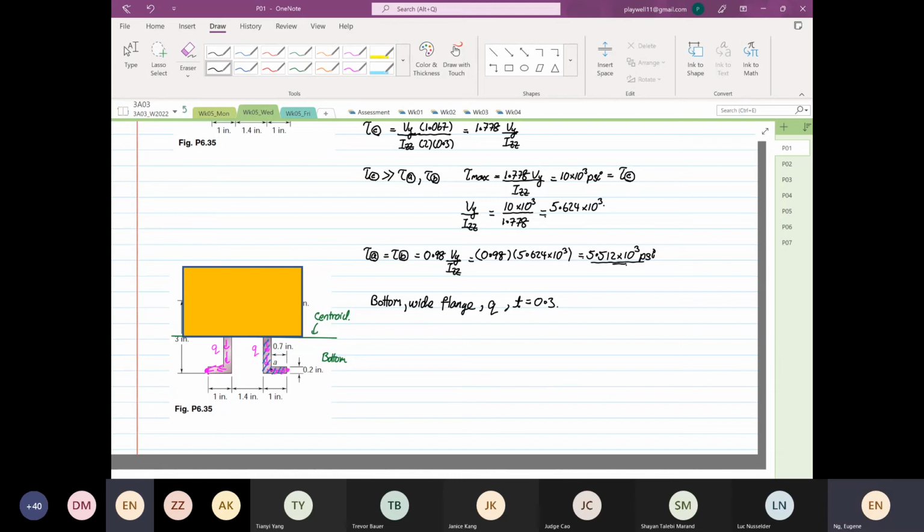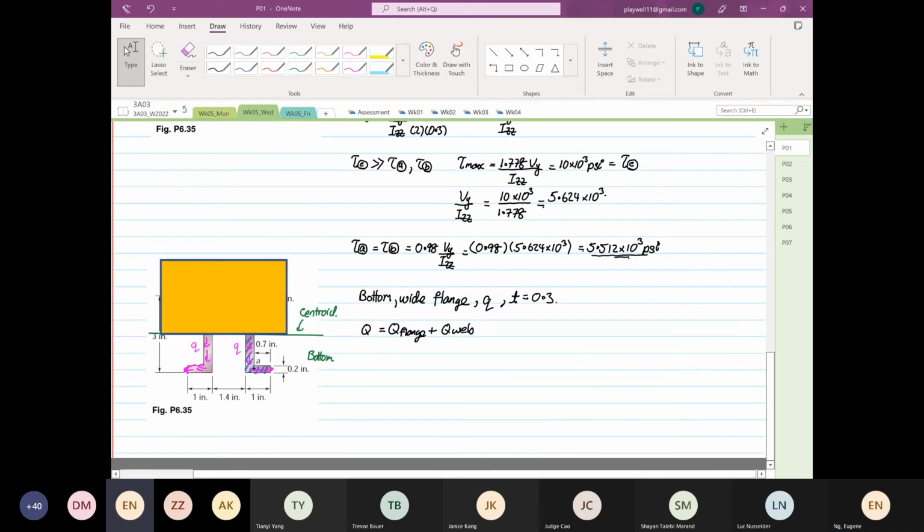So from here, Q is equal to Q of the flange plus Q of the web.